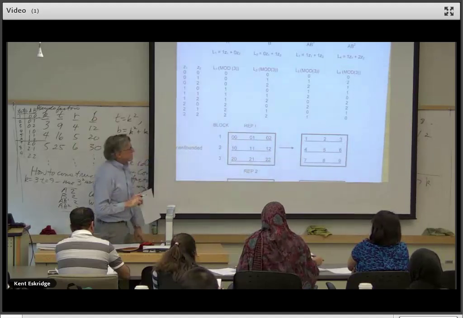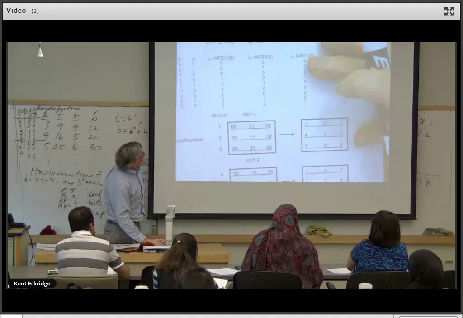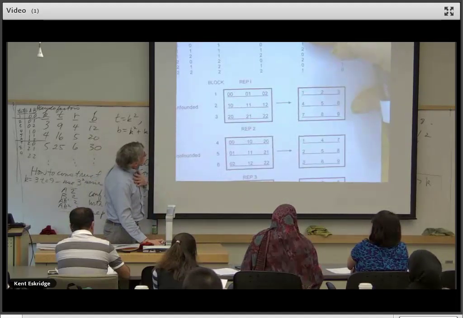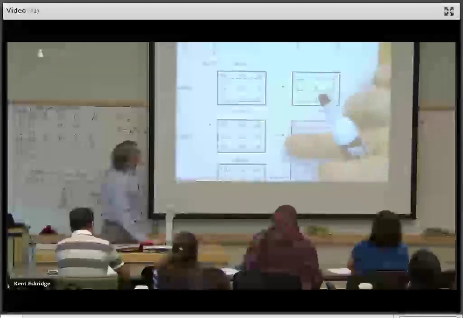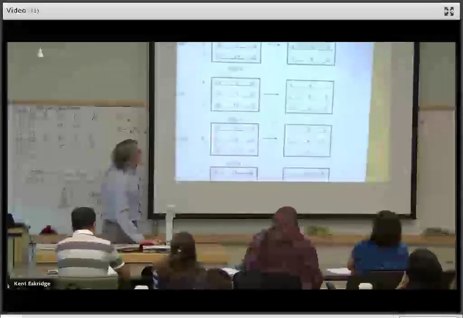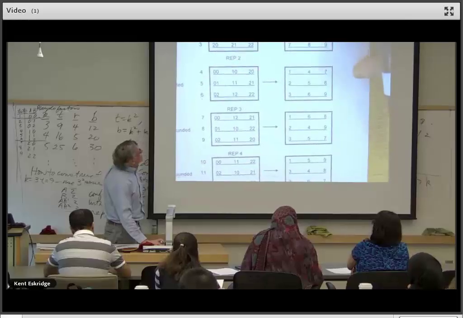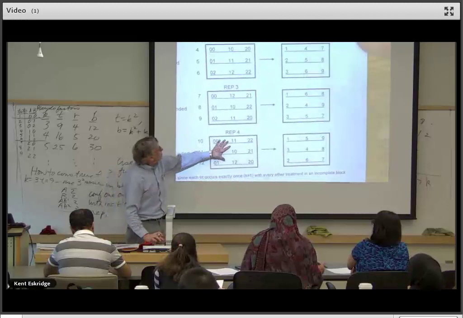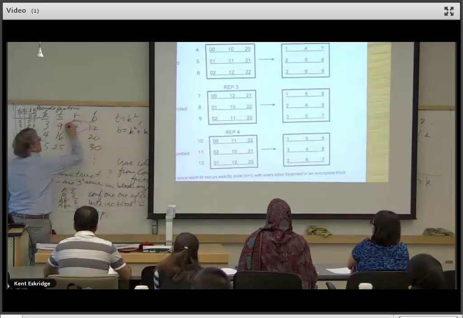So what I've done is partially confounded A with incomplete blocks in rep 1, B with incomplete blocks in rep 2, C with incomplete blocks in rep 3, and AB1 and AB2 with incomplete blocks in rep 4. Notice there are 4 reps.